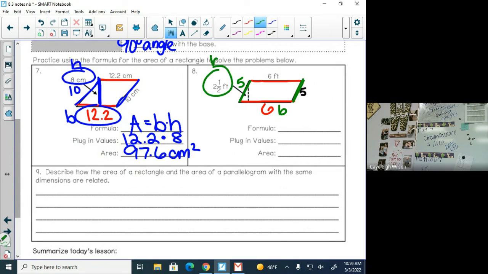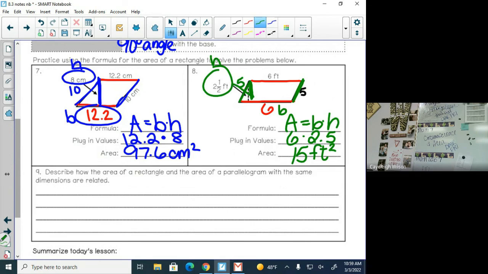So this one is our height, because remember, we measure somebody up and down. We don't measure them at a slant. So I'm going to do base times height. So base is 6 times the height, which is 2.5. I get 15. And that would be feet squared.